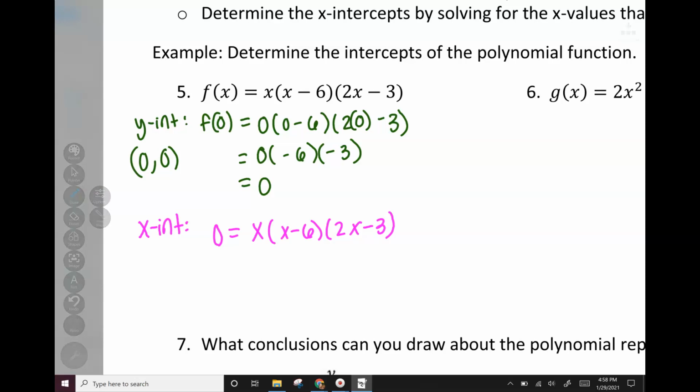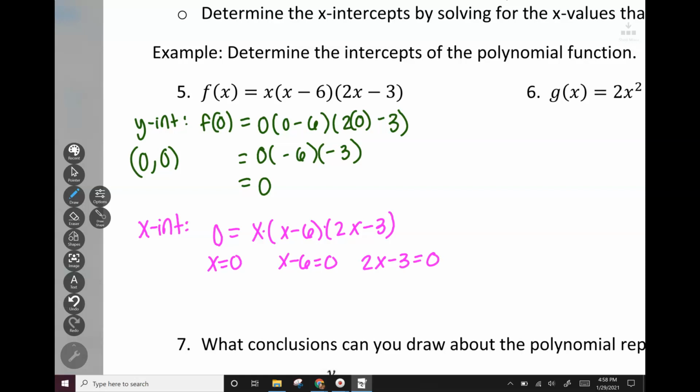The reason is because if I have 3 things that multiply to give me 0, at least one of them must equal 0 in order for that to happen. So either x has to equal 0, x minus 6 must equal 0, or 2x minus 3 must equal 0 in order for them to multiply to give you 0.